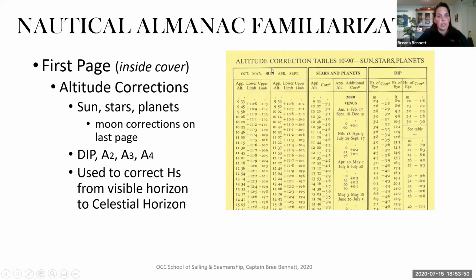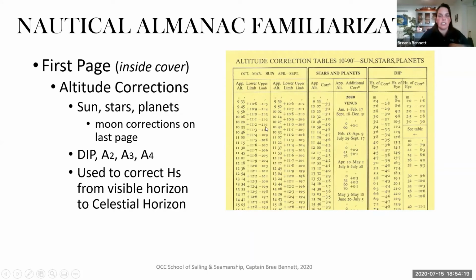So you can see where it says sun, stars, and planets. And then dip. Dip is a correction for adjusting your horizon. If you're on a low sailboat or kayak, your horizon is going to be different than if you're on an aircraft carrier or something like that. But we're going to go into all of those corrections next week in our sextant correction lecture.